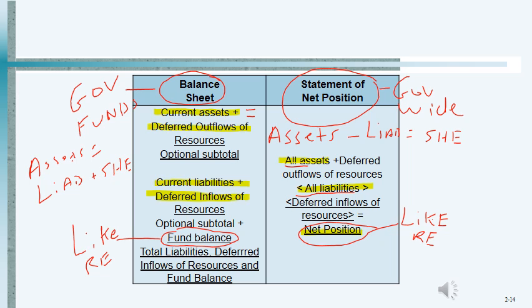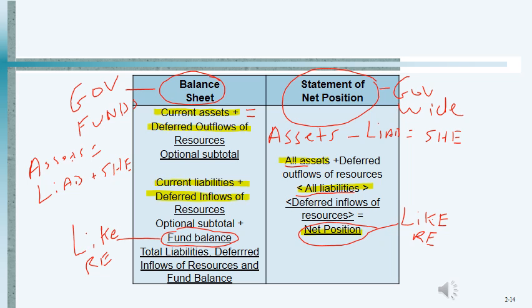Okay, now, that's a lot of detail here, and we're not quite ready to fully understand deferred outflows and deferred inflows. So again, the takeaway from this slide is nothing more than the presentation, okay? Which is what? If we're dealing with our governmental fund balance sheets, it's current assets plus the deferred outflows equals current liabilities plus the deferred inflow plus fund balance, and we simply show the outflows up with the assets because they are trying to become assets.